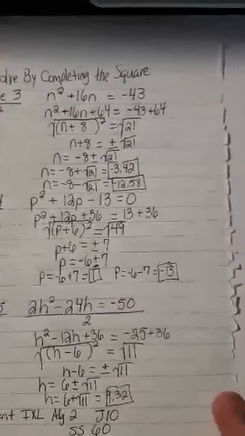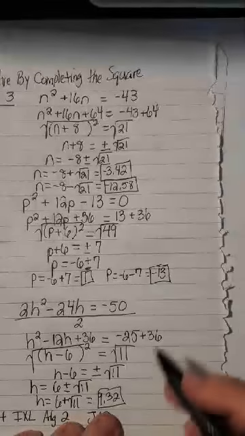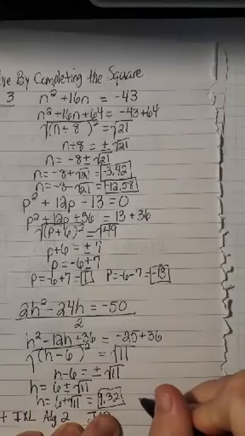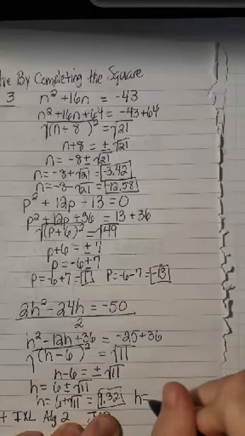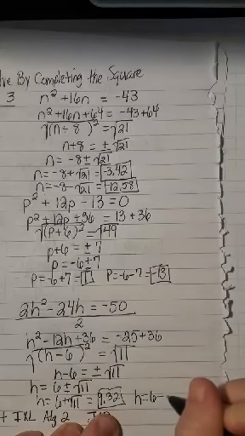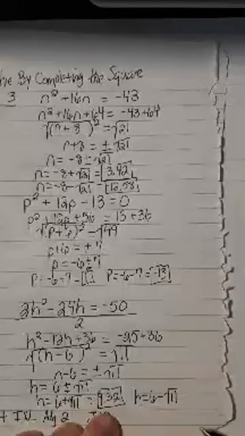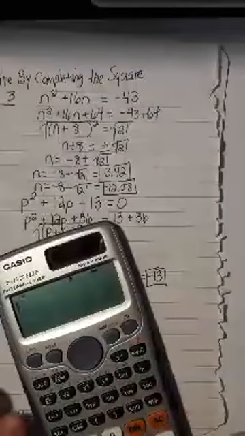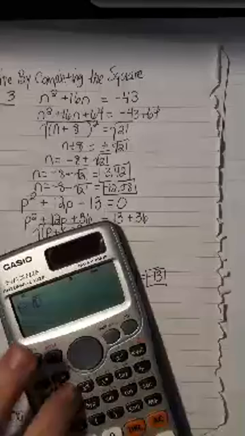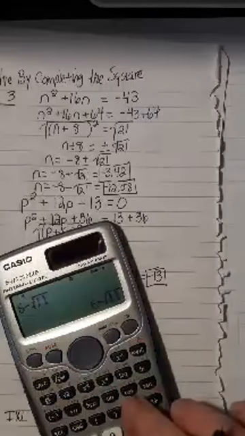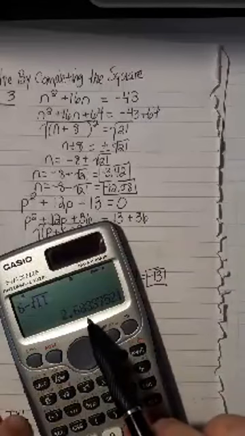And then when we work that again with the minus in front of the square root of 11, we get h equals 6 minus the square root of 11. 6 minus the square root of 11 is going to be 2.68.